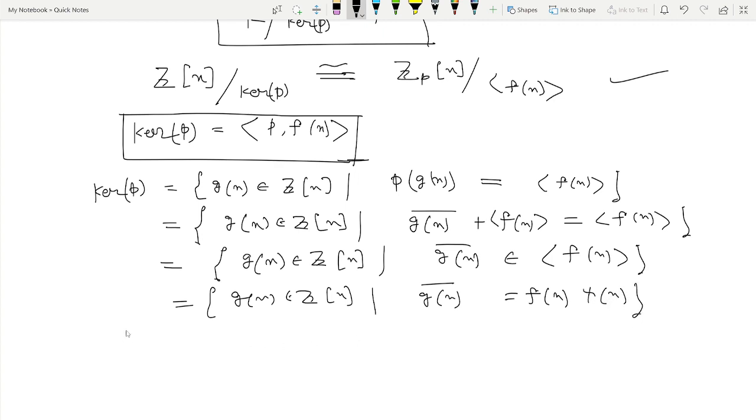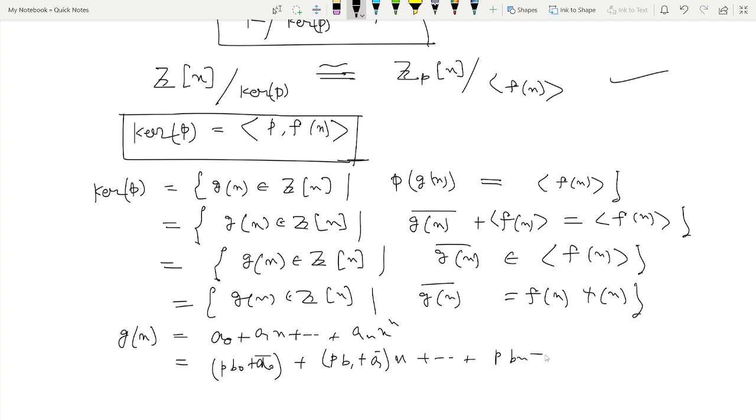So now if we take any polynomial g(x) from Z[x], then it is of the form a0 plus a1 x plus a2 x squared up to say an x to the power n. We can write this polynomial as (p b0 plus class a0) plus (p b1 plus class a1) x plus up to (p bn plus class an) x to the power n. How can we write this?